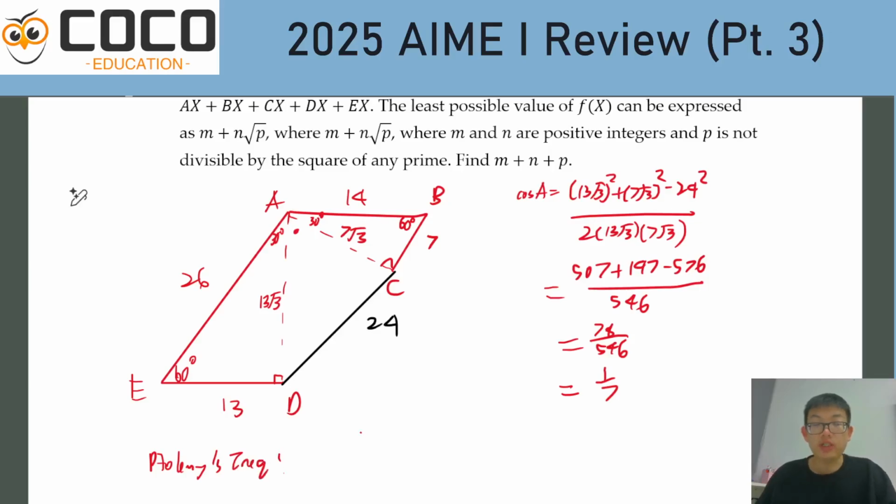Now, Ptolemy's inequality is just the inequality form of Ptolemy's theorem, where instead of it being equals, the sum of the products of the opposite sides is greater than the product of the diagonals if it is not a cyclic quadrilateral or collinear points.